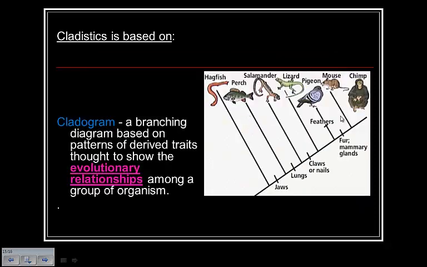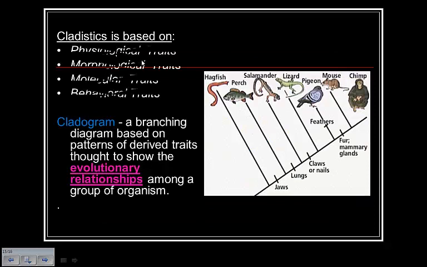All right, here's another example. Cladistics again is based on physiological traits, so the actual physical, morphological traits, the shapes, the molecular traits, and behavioral traits. So it's not just one specific thing. You can do a cladogram and set it up based on a whole variety. This is a cladogram.